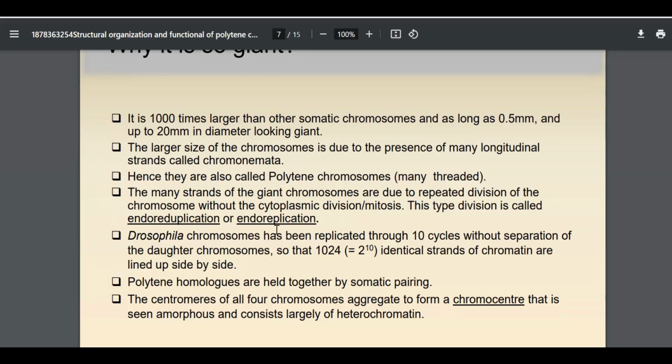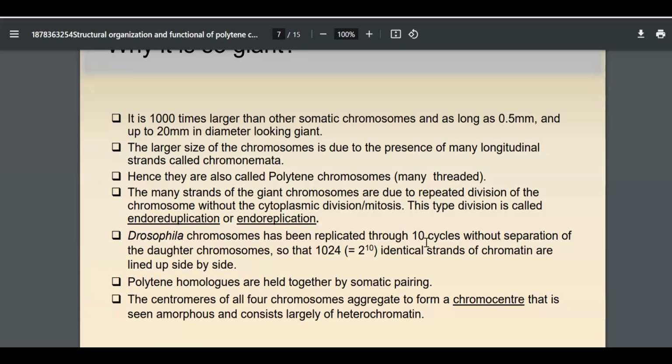So multiple copies of the same chromosomes, so many sets of those chromosomes will get generated. For example, a chromosome that undergoes endoreplication for 10 cycles, and there is no separation of the daughter chromosomes and no completion of the mitotic phase, then the chromosome is replicated 10 times, 10 cycles it has undergone.